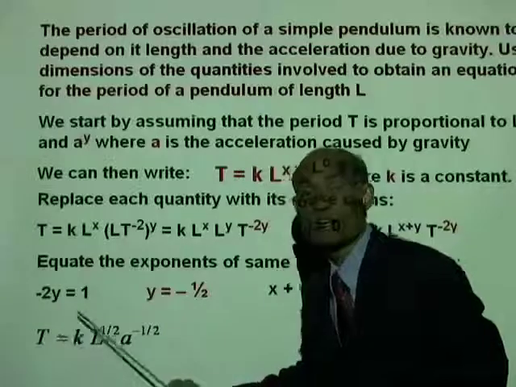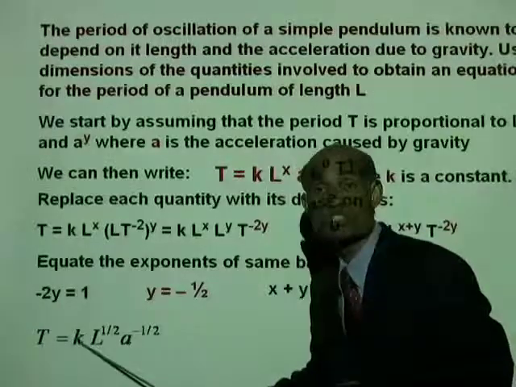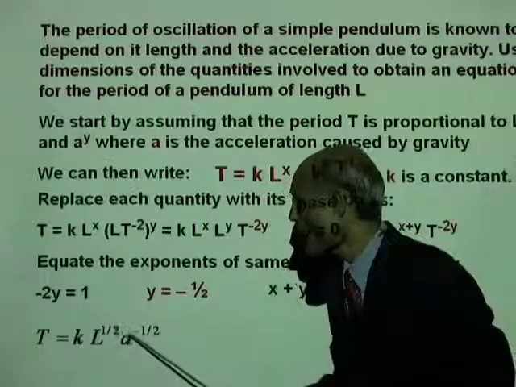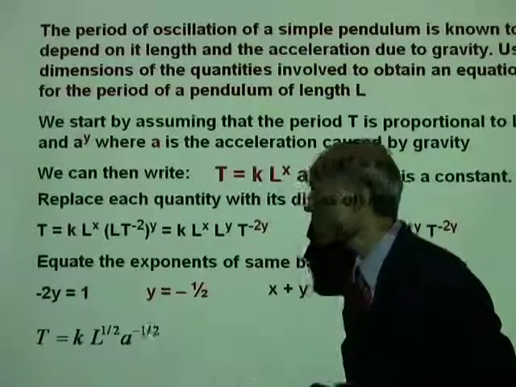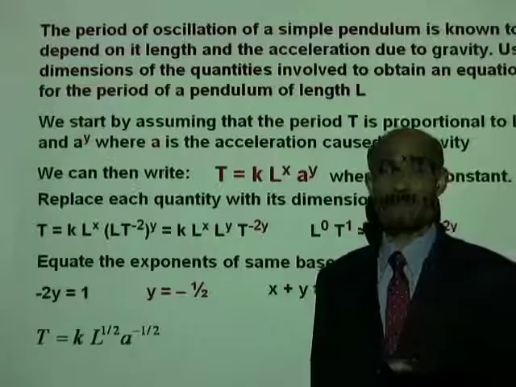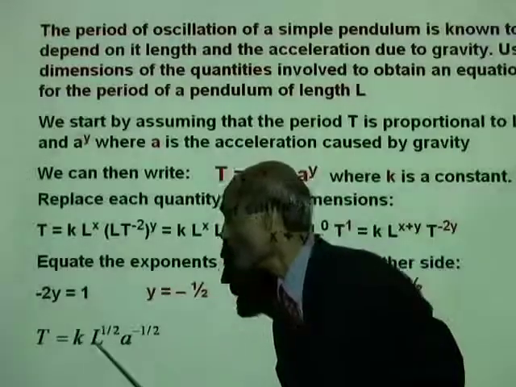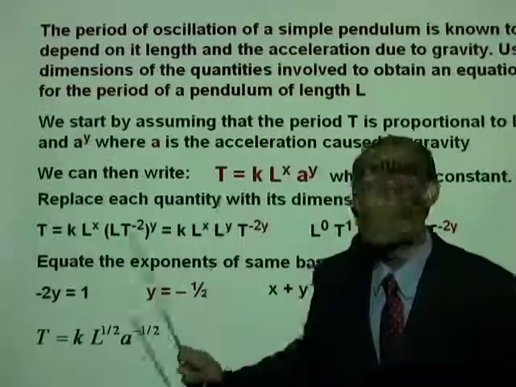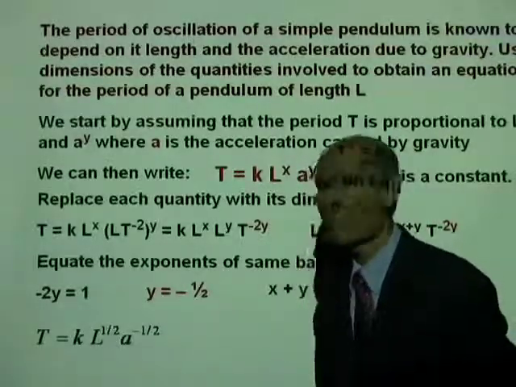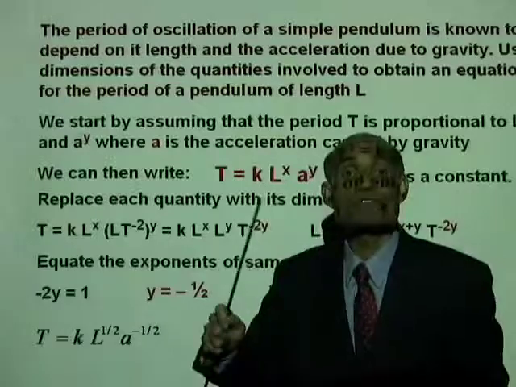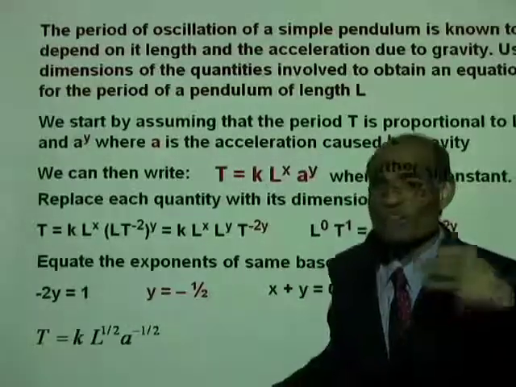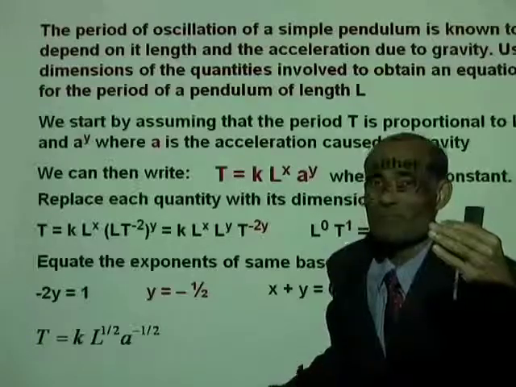T, the period, equal to a constant k times L to the power of 1/2, a to the power of negative 1/2. I'm sure you know that a power 1/2 means a square root. So L to the power of 1/2 is square root of L. And what is a to the power of negative 1/2?